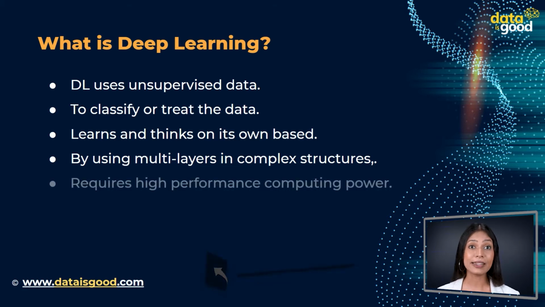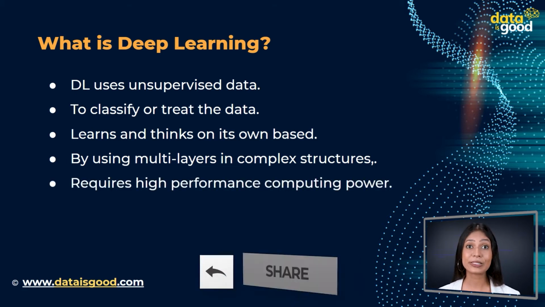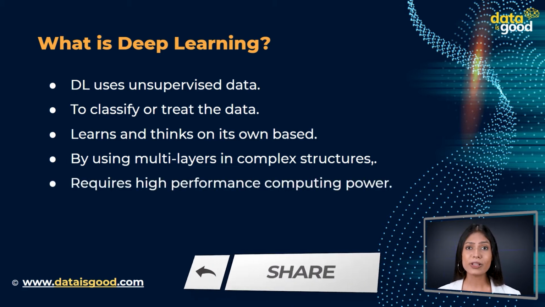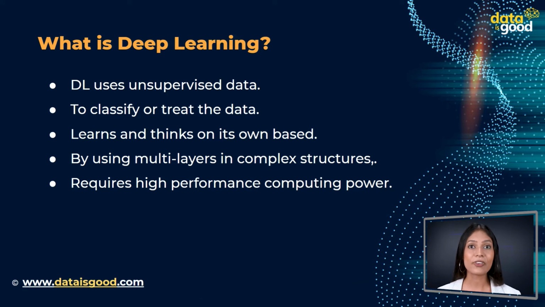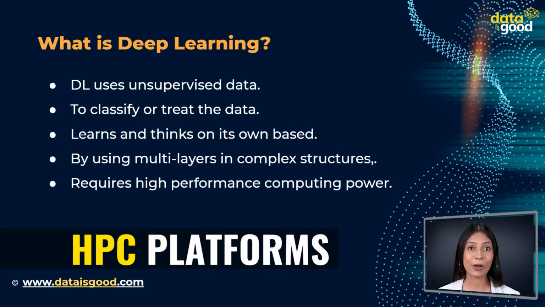Deep learning techniques require high-performance computing power to process massive amounts of unstructured data through deep learning frameworks and algorithms. Up until recently, high-performance computing, or HPC, was only available to the largest budgets for hardware and talent to optimize scientific codes on HPC platforms.